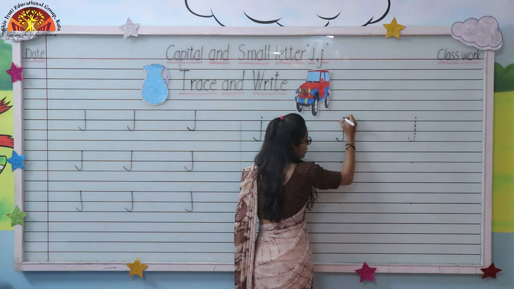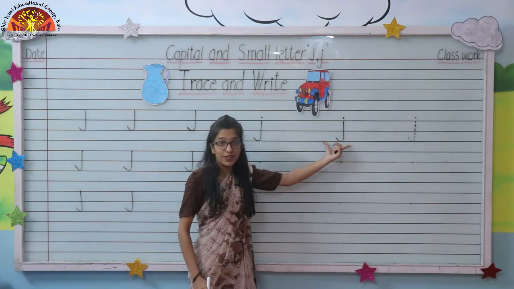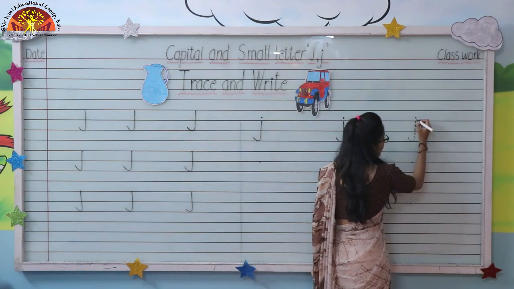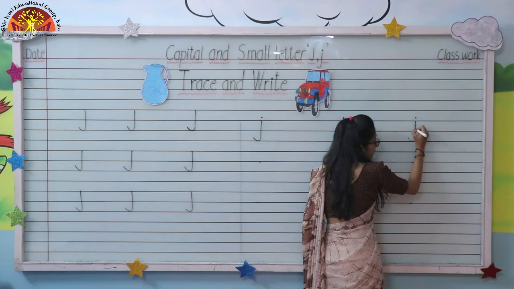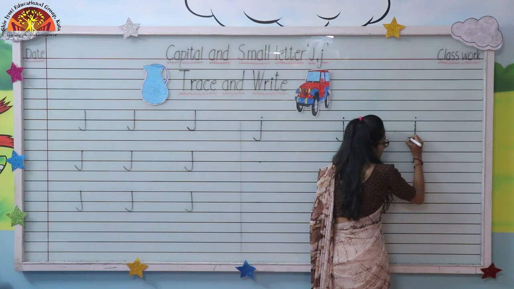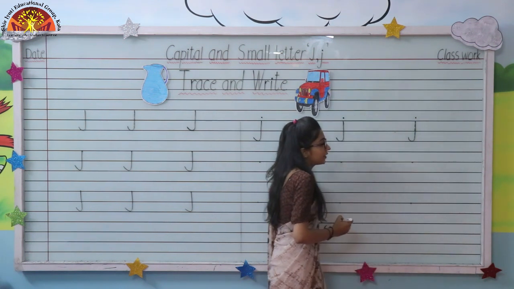And you have to put a dot on it. This is small letter J. One more time kids. Start from second line. Make a standing line and turn like this and put a dot on it.